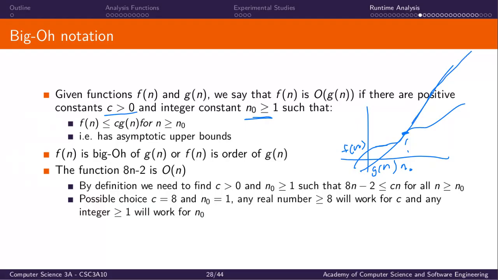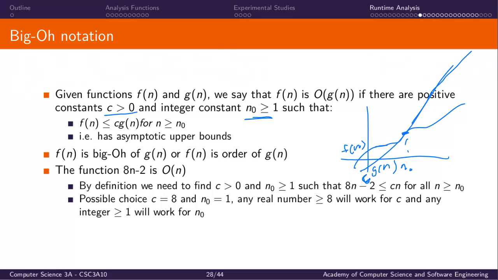And it can be any scaled up version of that g of n. So I may have to use some positive constant c that will make c times g of n always greater than f of n. So f of n is bounded from above. It will never exceed g of n.